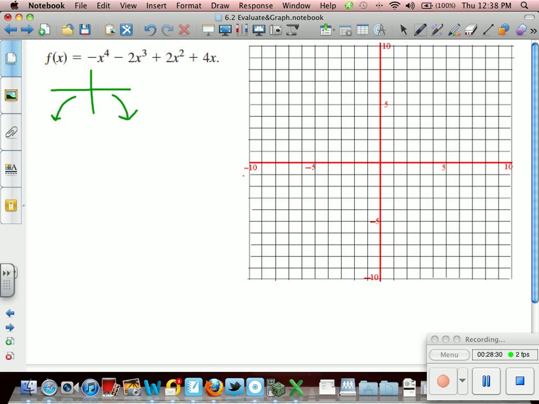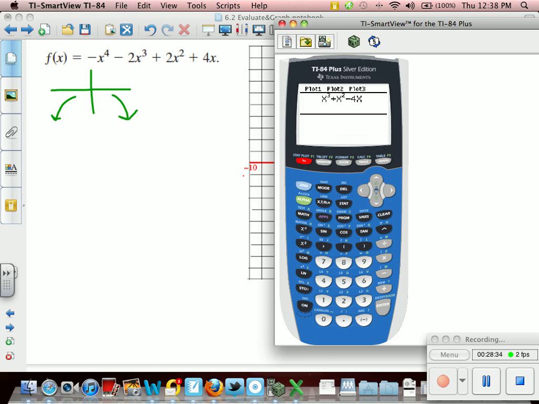On this one, I'm going into y equals. I'm clearing it out, and I'm typing in my function. Raised to the 4th, again, I'm in pretty print, so arrow over, minus 2x to the 3rd, arrow over, plus 2x squared, plus 4x.